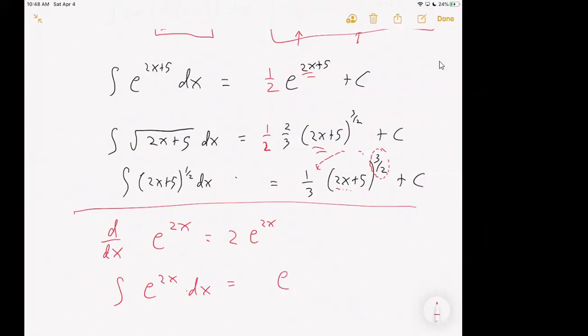Instead of the chain rule giving me an extra factor of 2, I need to remove a factor of 2 to get back to the right answer. In those kind of problems, you don't want to have to write it all out. You want to be able to quickly guess your way to what the antiderivative should be, and maybe do a quick mental check and save a lot of time.